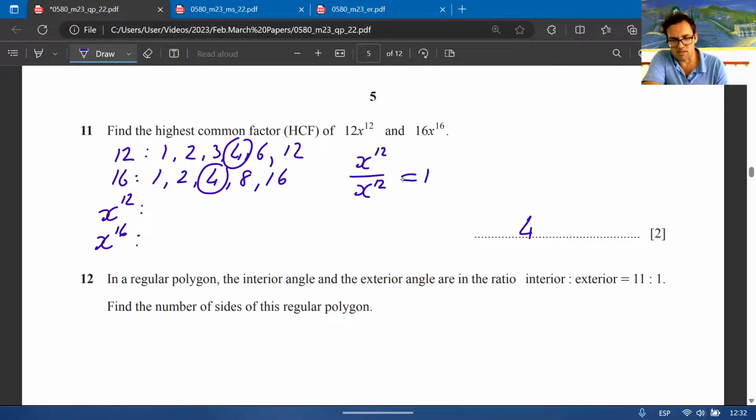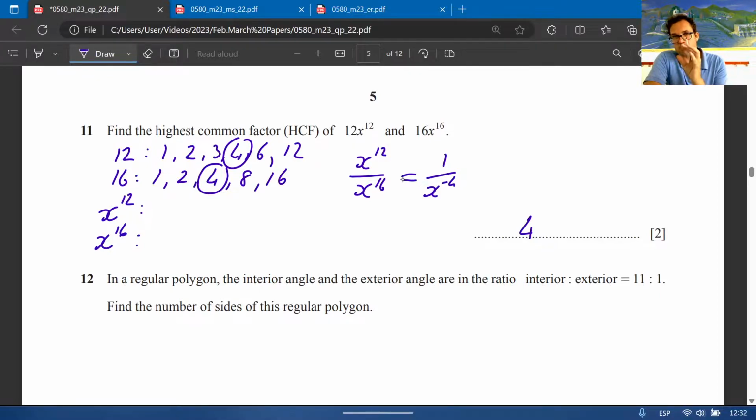What about x to the power of 16? Well, that's the question. Can you divide x to the power of 16? You can, but then what are you going to get? You're going to get a fraction, 1 over x to the power of minus 4. Now that's not nice, alright?